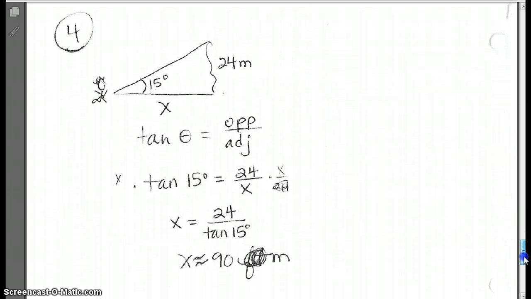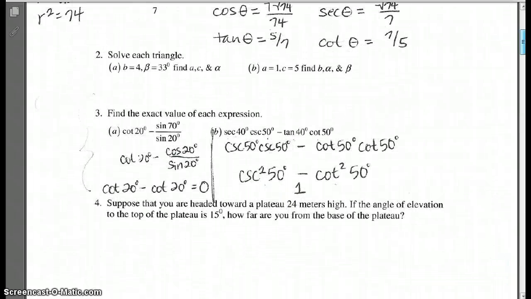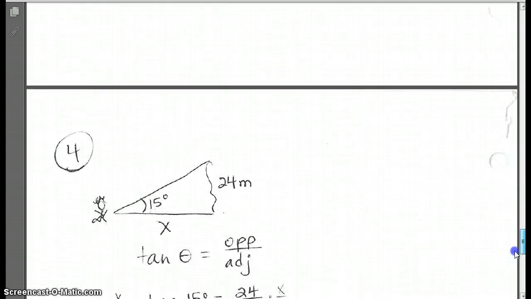And then you're going to have a lot of application problems with right triangles because you can find heights, you can find lots of different angles of elevation or angles of depression. So if you go back to the beginning piece of paper here where it says that you're headed toward a plateau 24 meters high and the angle of elevation to the top is 15 degrees, how far are you from the base of the plateau?